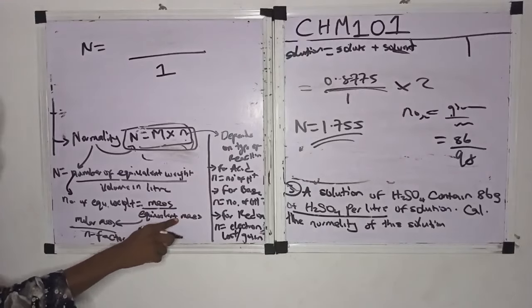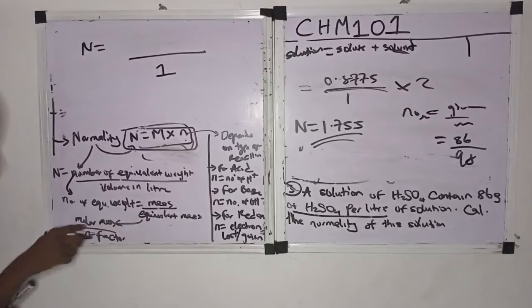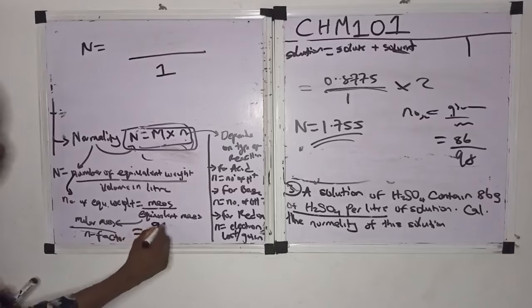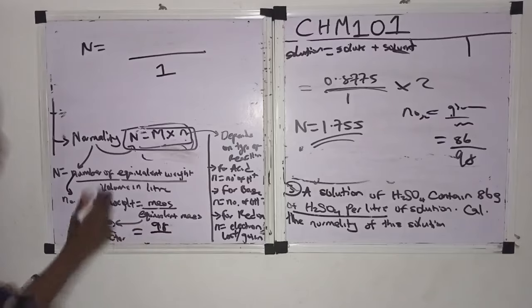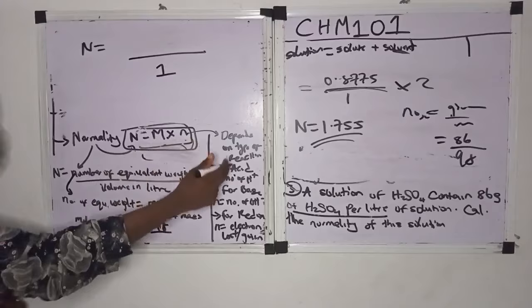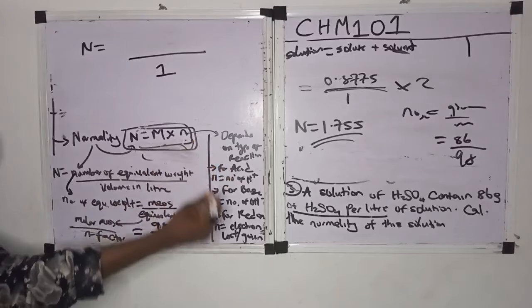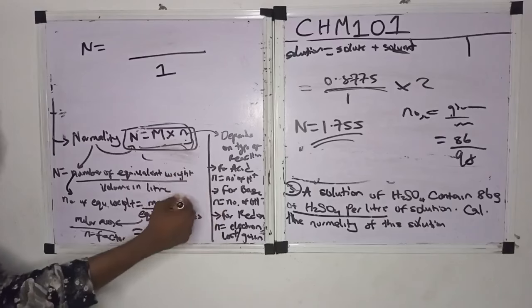Now what is equivalent mass? Equivalent mass is molar mass divided by n factor. The molar mass of H2SO4 is 98. N factor, I told you guys, depends on the type of reaction. For an acid, the n factor is equal to the number of H plus. H2SO4 has 2 H plus.